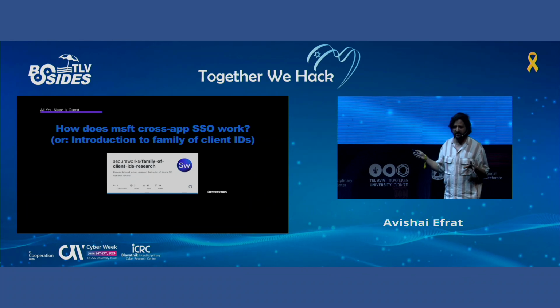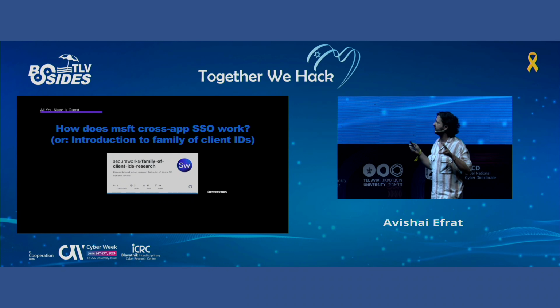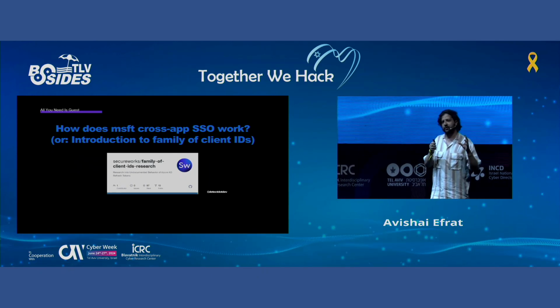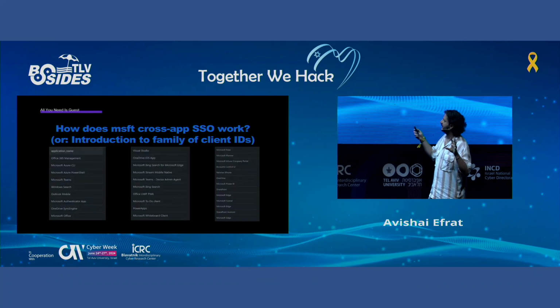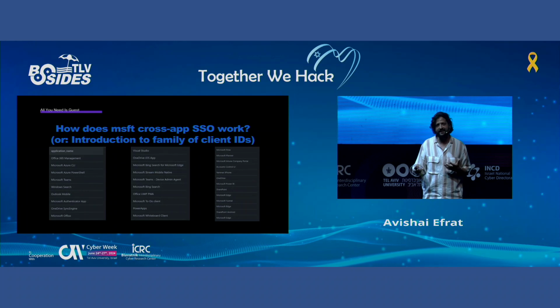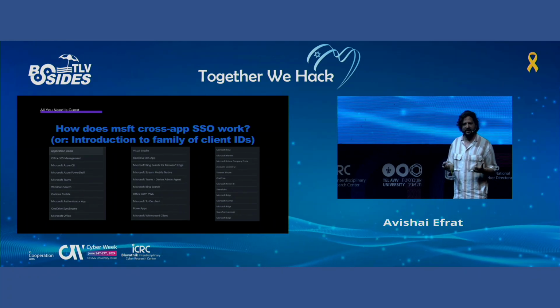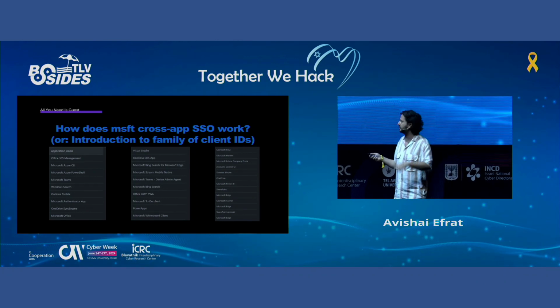So we're going to solve this using a really neat piece of research called the family of client IDs research. And in a nutshell, it just enables you to exchange one token for another. Okay, but they have to be within the same family of tokens. That's what it basically says. And this is exactly why you don't have to relog into SharePoint and stuff like that when you go to it from another subdomain or whatever, from another Microsoft domain.